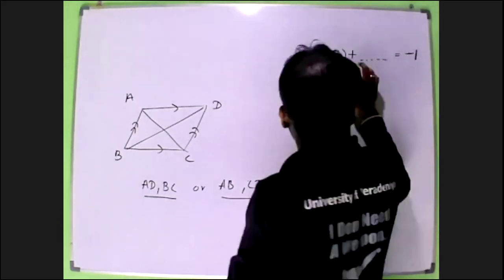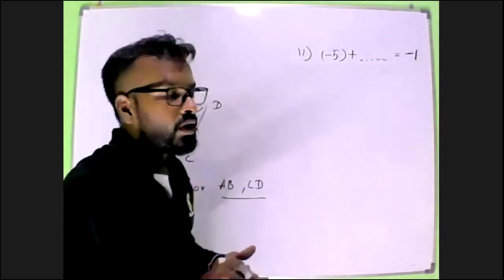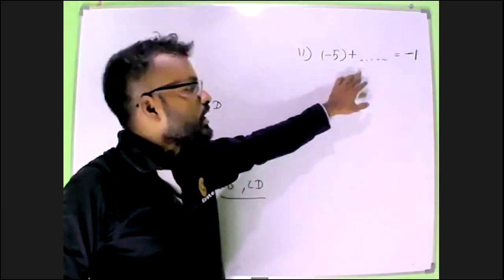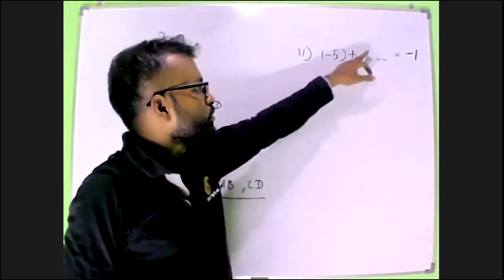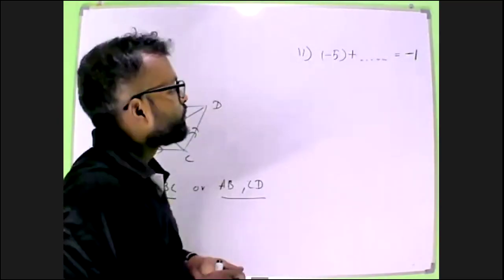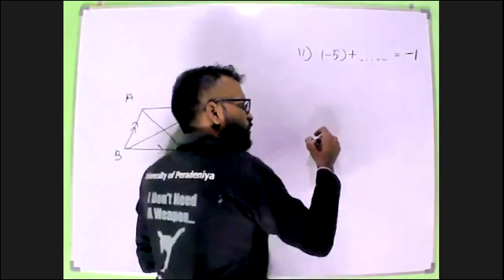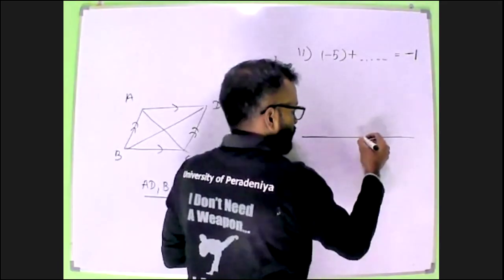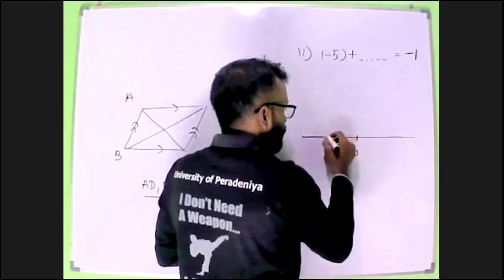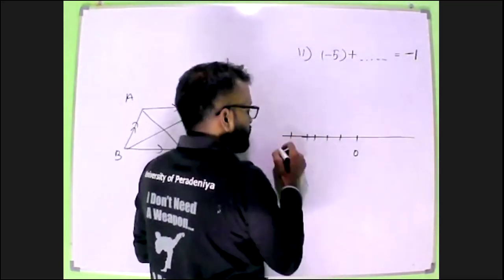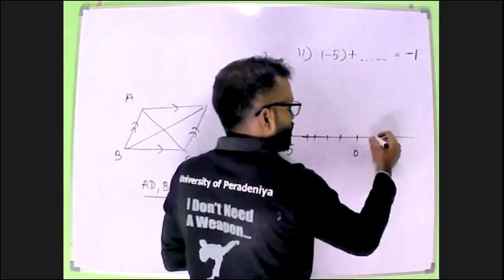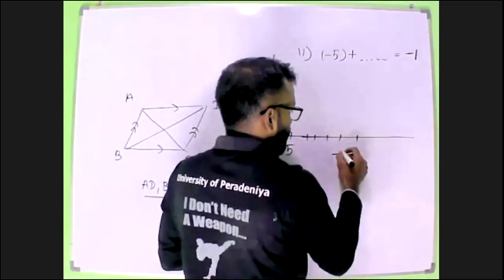Basically, in this kind of situation, you have two directed numbers and you need to fill this blank. You know how to do this. You can use a number line as well. So this is 0, 1, 2, 3, 4, 5. This is -5, and your answer is -1.